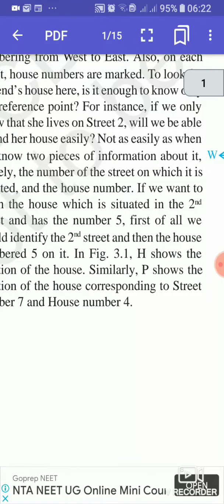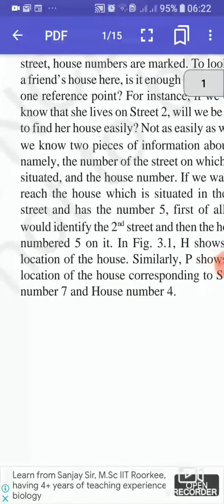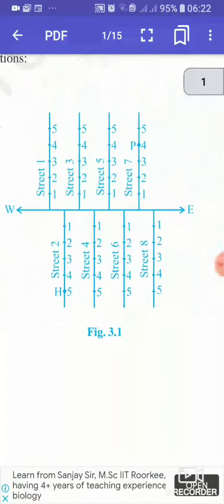Our first duty is to identify the second street and then the house number 5 on it, which is given in this figure. You can see this figure.